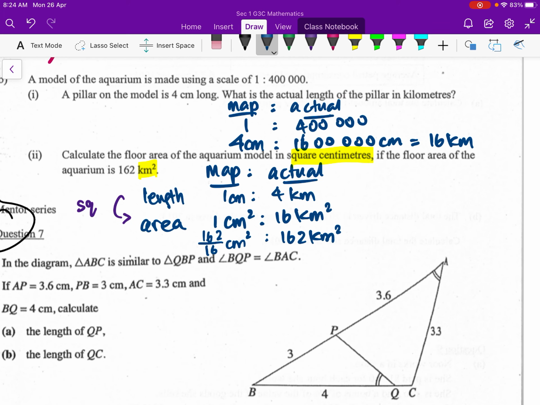And then you just state down your area on the map. On map will be, is it correct now? Okay, 10.125 square cm. This is the area on the map. So it's 162 divided by 16, you get 10.125.